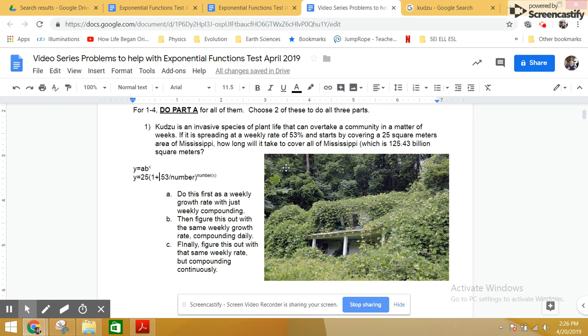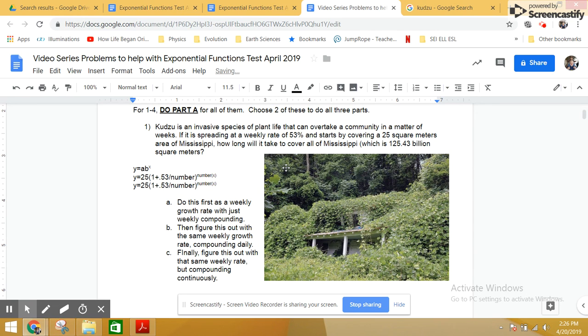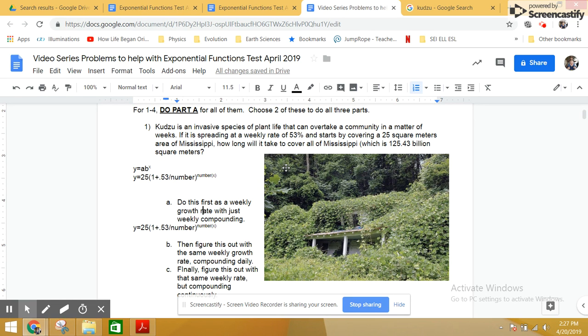For A, let me just back up and lay out a couple things about this. For A, the number of compounding events is just 1 in a week. So it's a weekly rate.